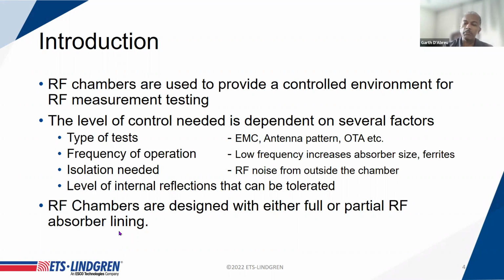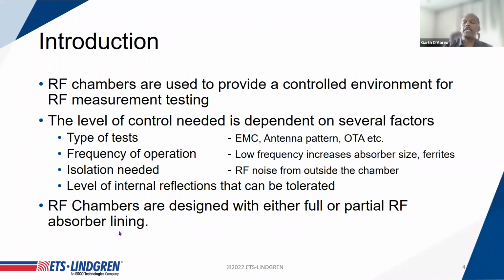Frequency of operation becomes an important aspect when you look at how the chamber itself behaves at different frequencies. In some cases where RF absorber lining is used, the performance of the RF absorber is very frequency dependent. So the frequency of operation would dictate the type or size of absorber that's used to line one or more surfaces of the chamber. And then as a flip side to that, you have the level of internal reflections that can be tolerated.